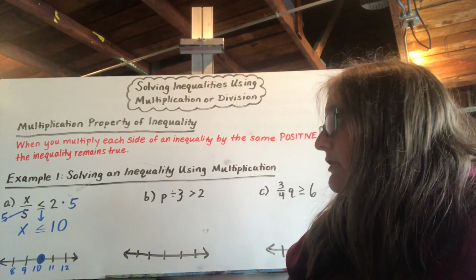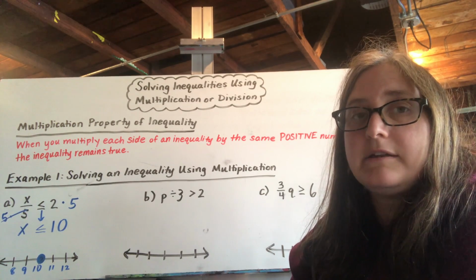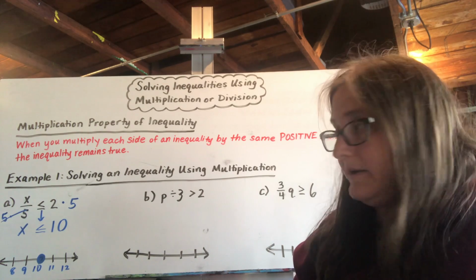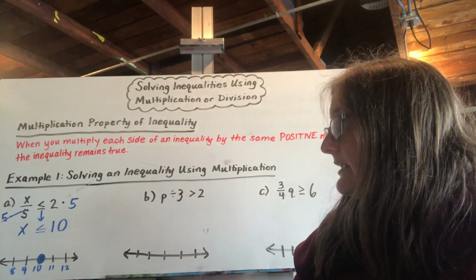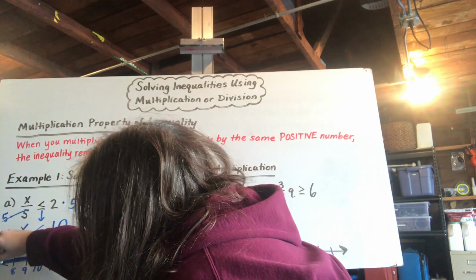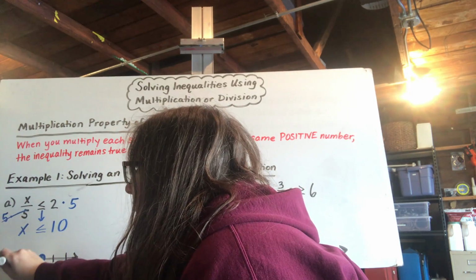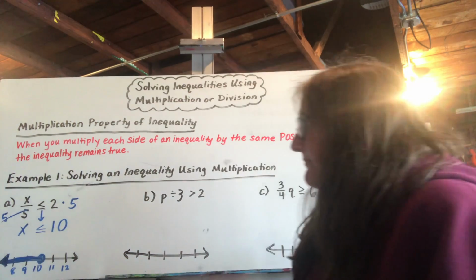My other answers for x can be anything less than 10, because it says x is less than or equal to 10. So my numbers that are less than 10 are always to the left, like 9 and 8. So I'm going to shade to the left. Everything going this direction is a potential answer. And my numbers keep going, so I'll even shade the area.